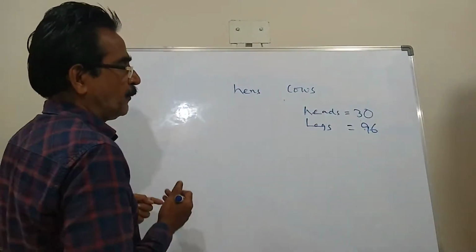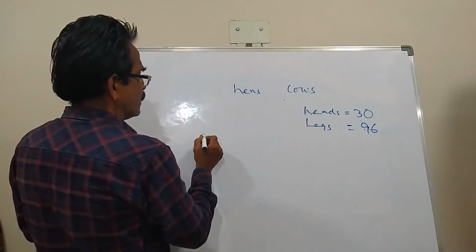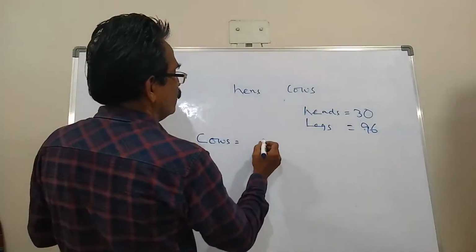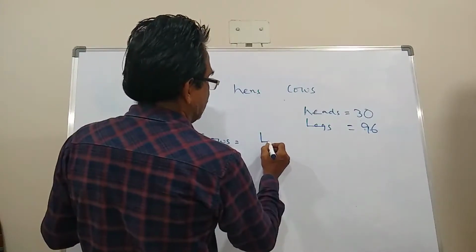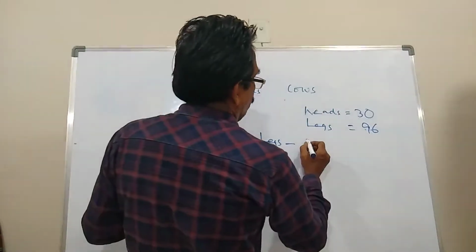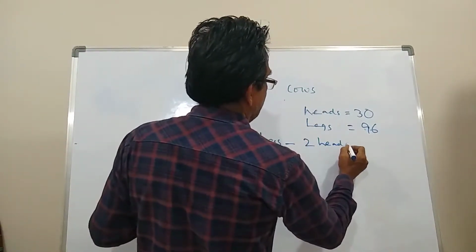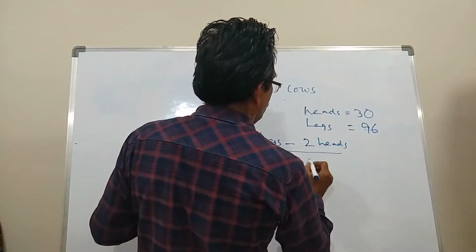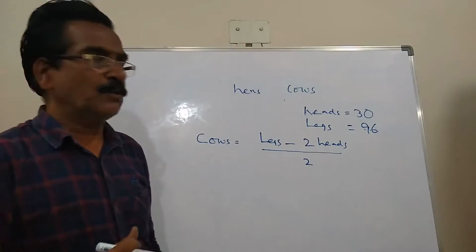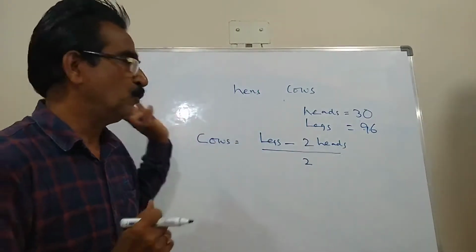For this type of problem, we have a small trick friends. Number of cows is equal to total number of legs minus twice the number of heads, by 2. So cows is equal to legs minus twice the number of heads by 2.